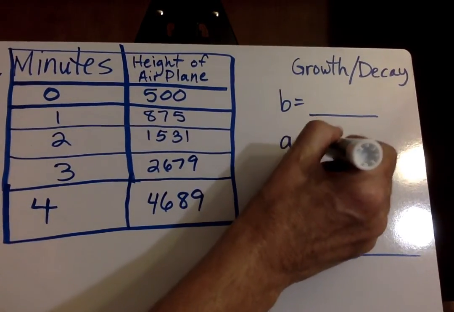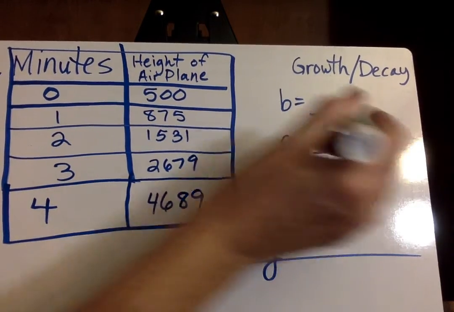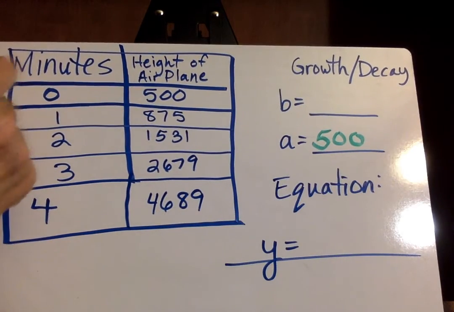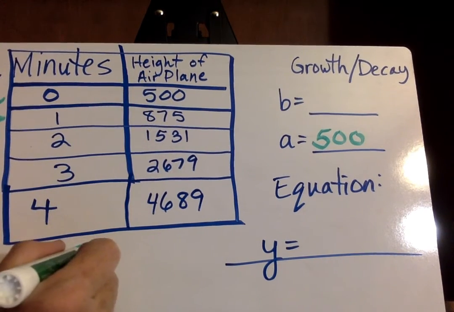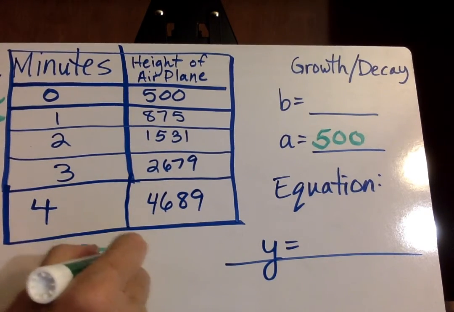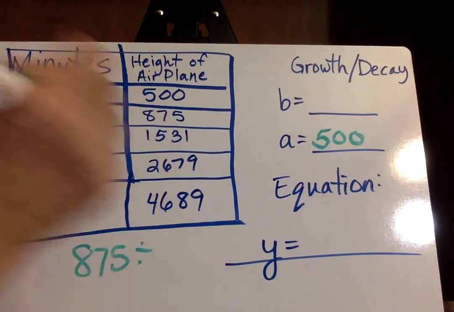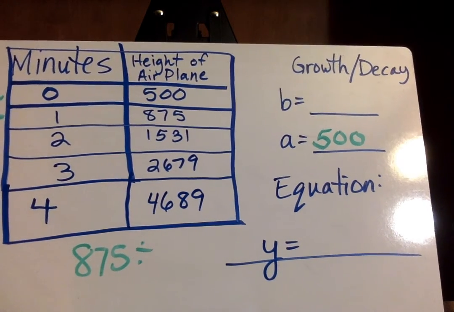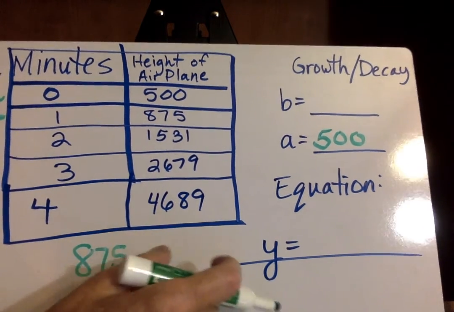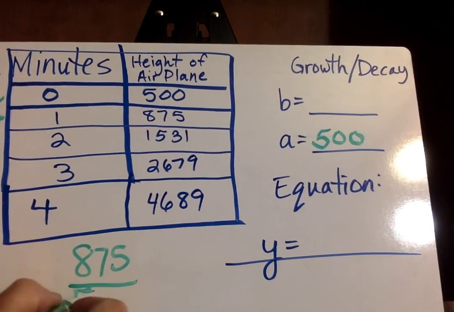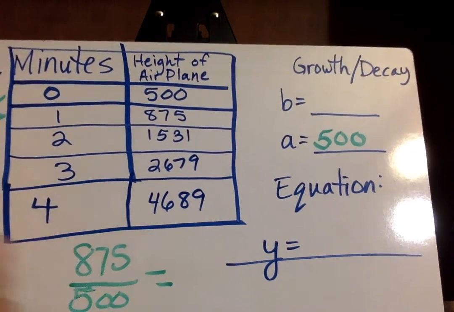So now to figure out B, since these are going by 1, we can take 875 and divide it by 500. Let's see what that equals.